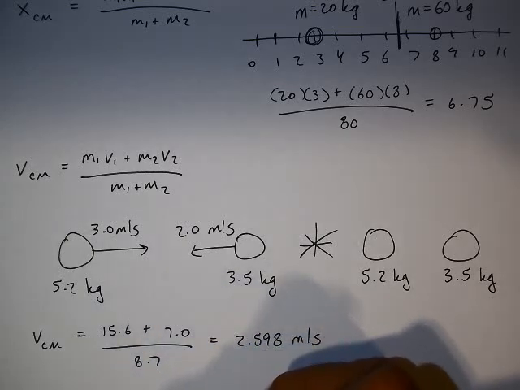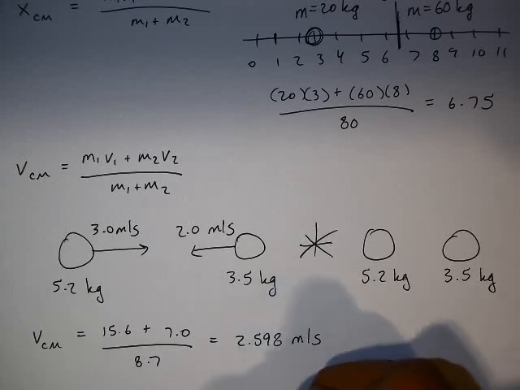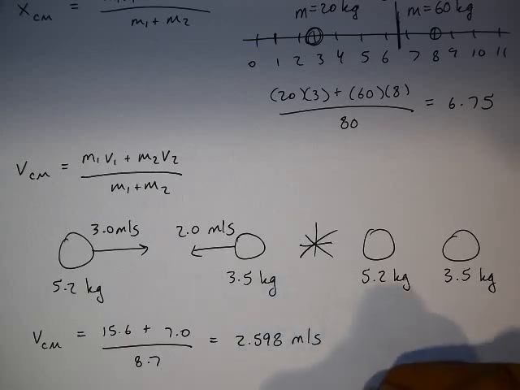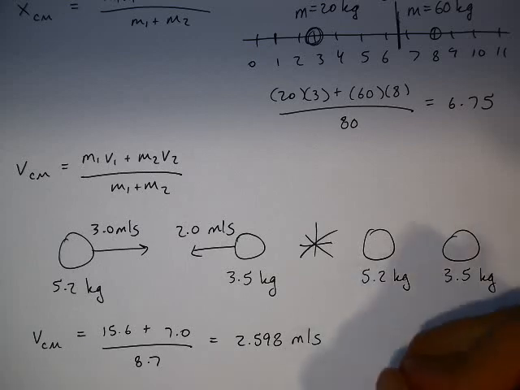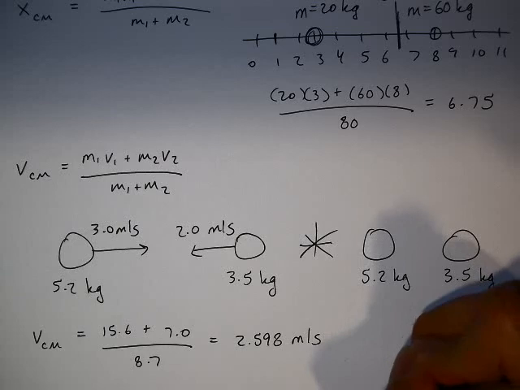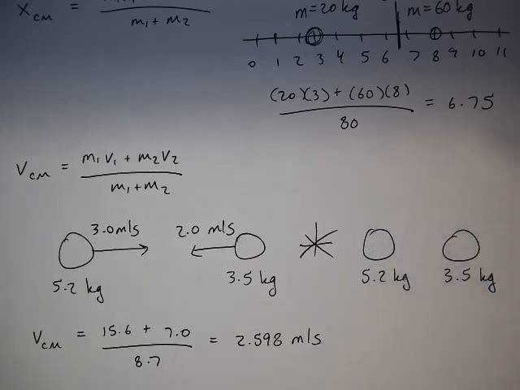And we subtract the 2.598 meters per second. And we get 0.402 meters per second and -4.598 meters per second.